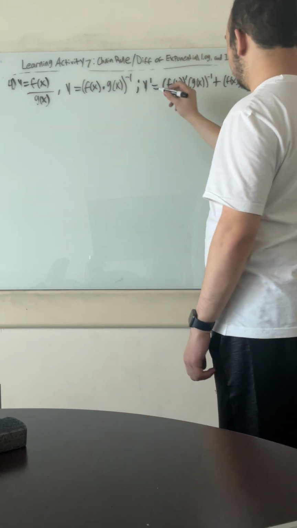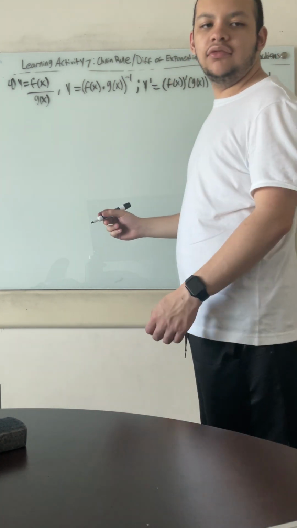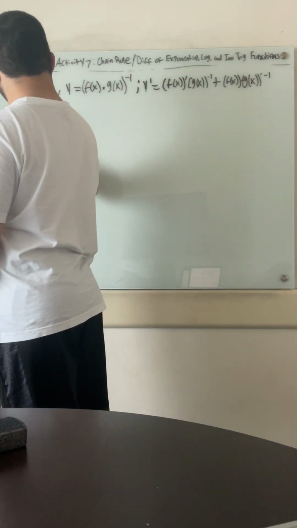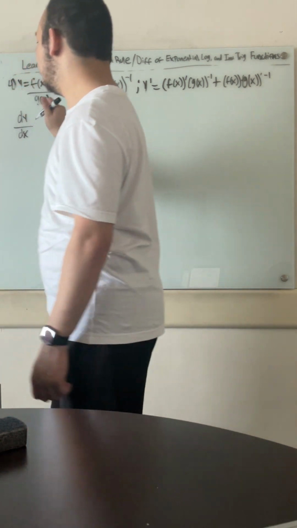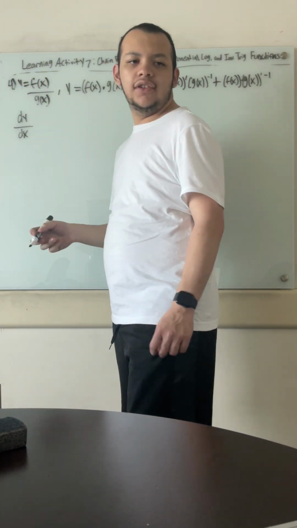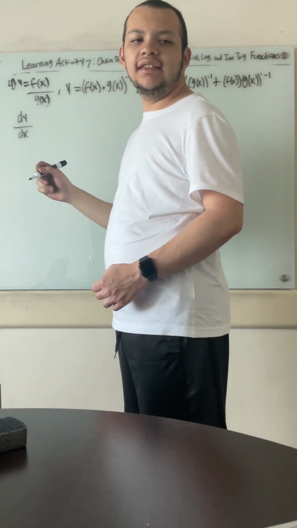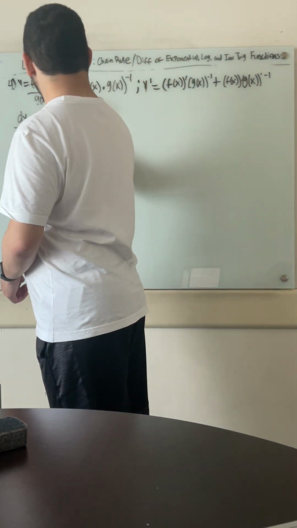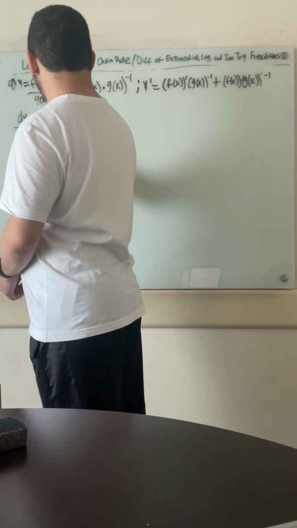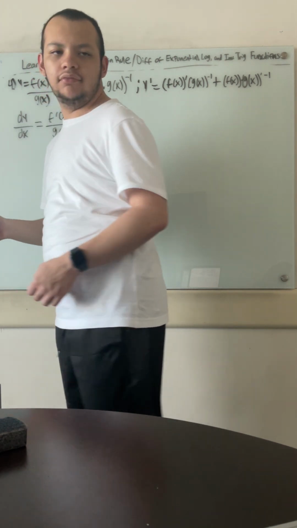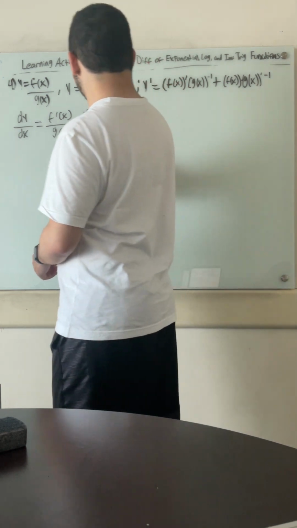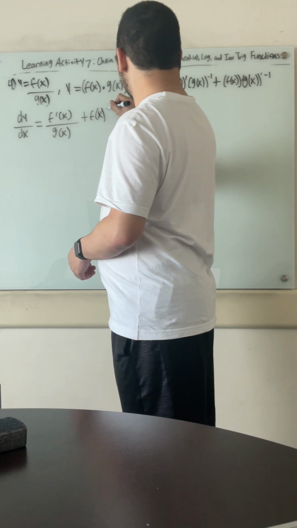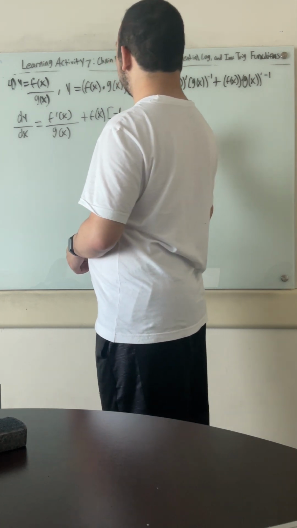All right, so we got this. Now, dy dx in this case is the derivative of this function. So dy dx is going to be equal to f prime of x over g of x plus f of x times negative 1.